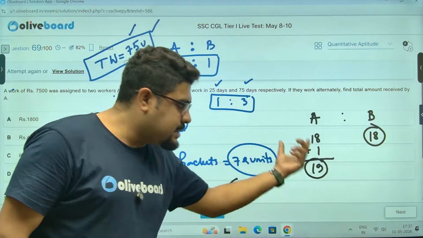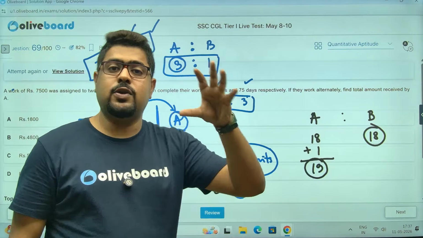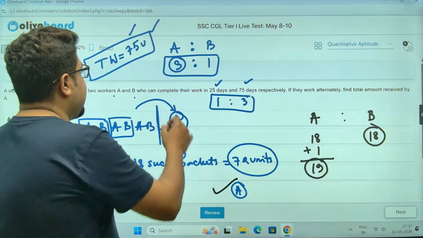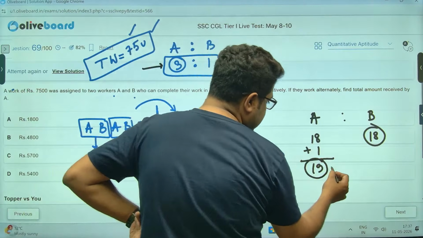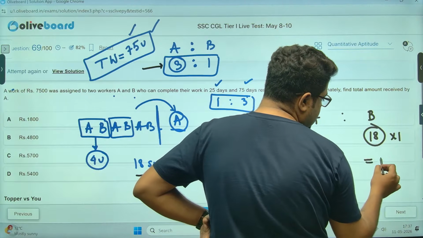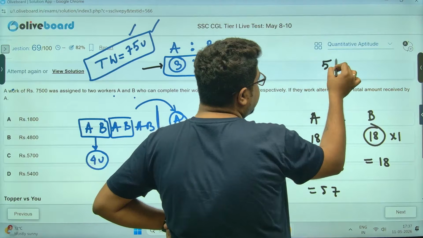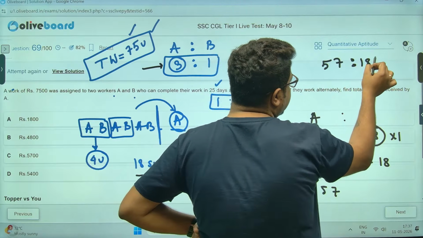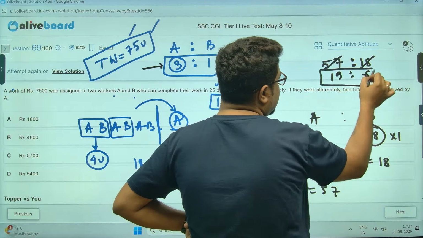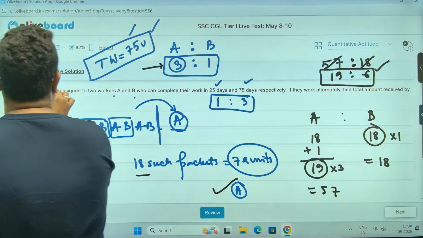Now again, in these situations their efficiency is not the same. So this is the number of days they have worked. The wage gets distributed according to the work done. Who has worked how much? Every day A does 3 units, B does 1 unit. So the ratio will be 57:18, that is 3 into 19 and 3 into 6. Now the total is 7,500.